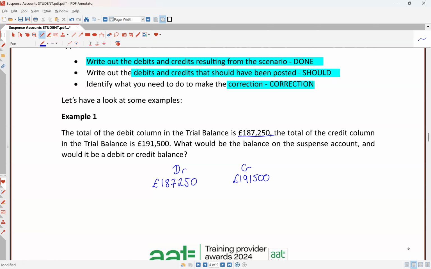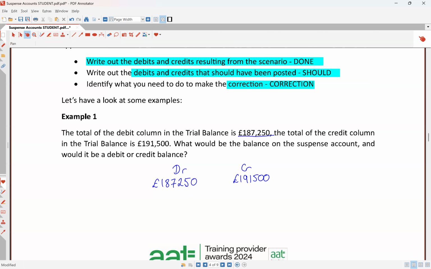Now, in an ideal world, if this is the total of your trial balances, these two would be the same. Well, they're not. So that means there should be a figure sat in suspense. So where do I need a figure? Well, I'm going to need to make the debits higher in order to balance to that total of the credit column. So I essentially need to find the difference between the two.